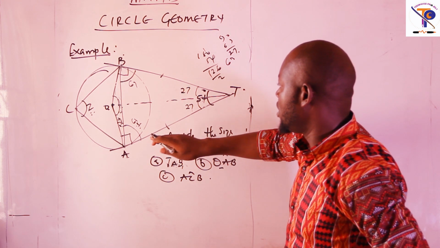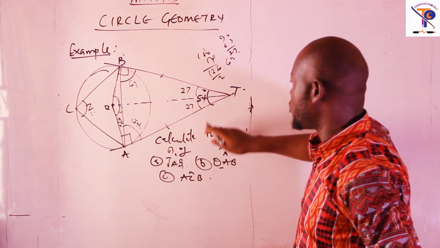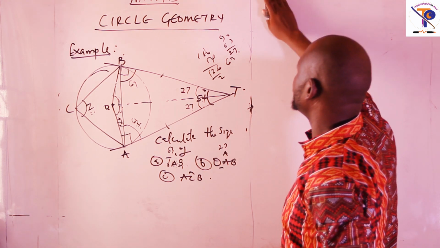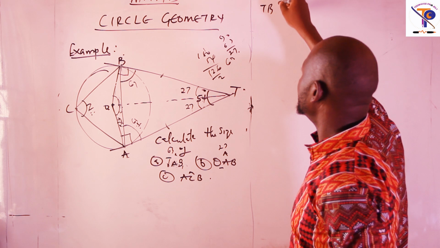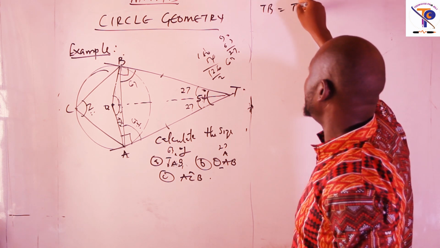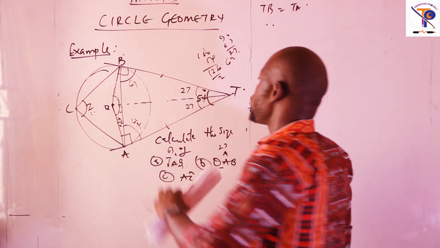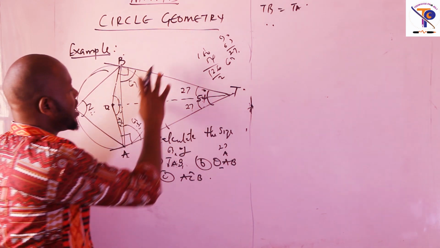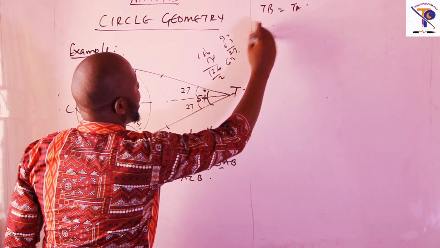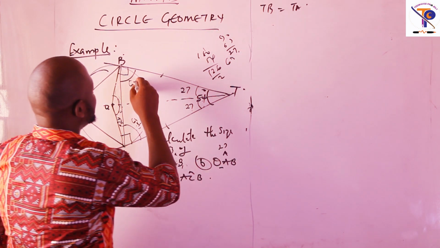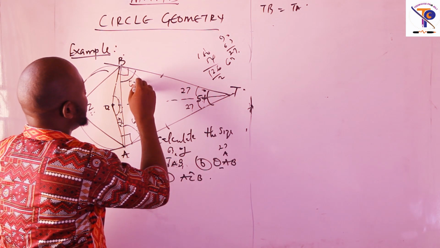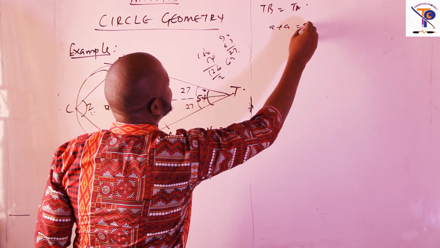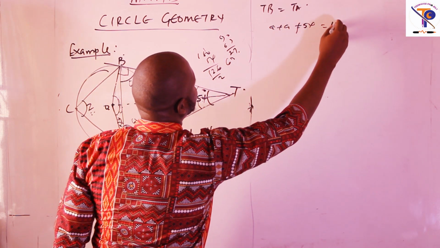So far, how do we get this one now? Don't forget we have this one. So far we have TB equal to TA. Therefore, these ones are the base angles of an isosceles triangle. So we have an isosceles triangle now. Let's call these A and A. So we have A plus A plus 54 degrees is equal to 180 degrees.